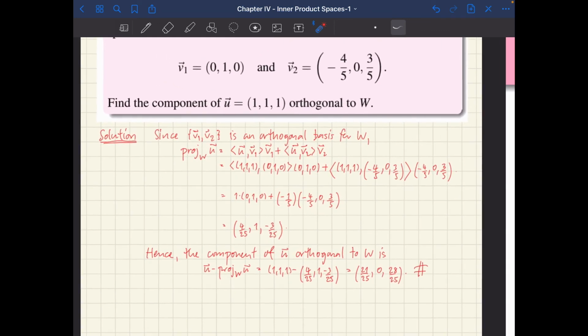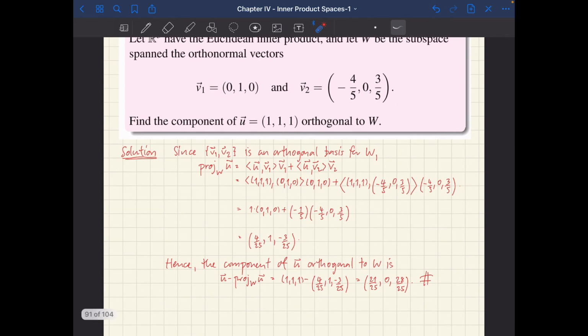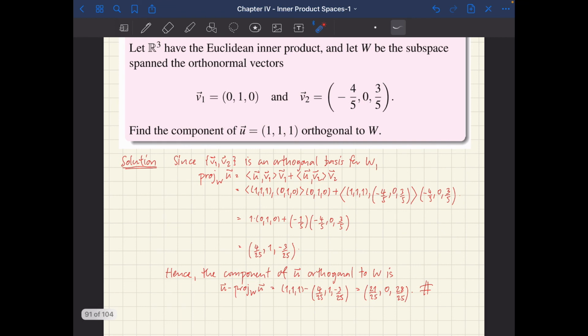Since we know that the set of v1 and v2 is an orthogonal basis for W, we can find the projection of u on W by using this formula, right? Actually, you can see that v1 and v2 are not only orthogonal, they are orthonormal, so the denominator is equal to 1.